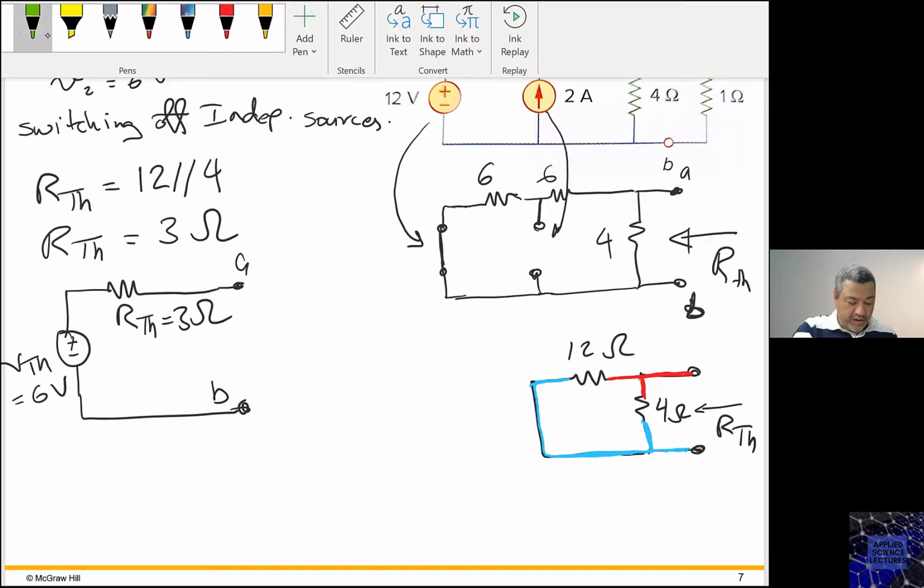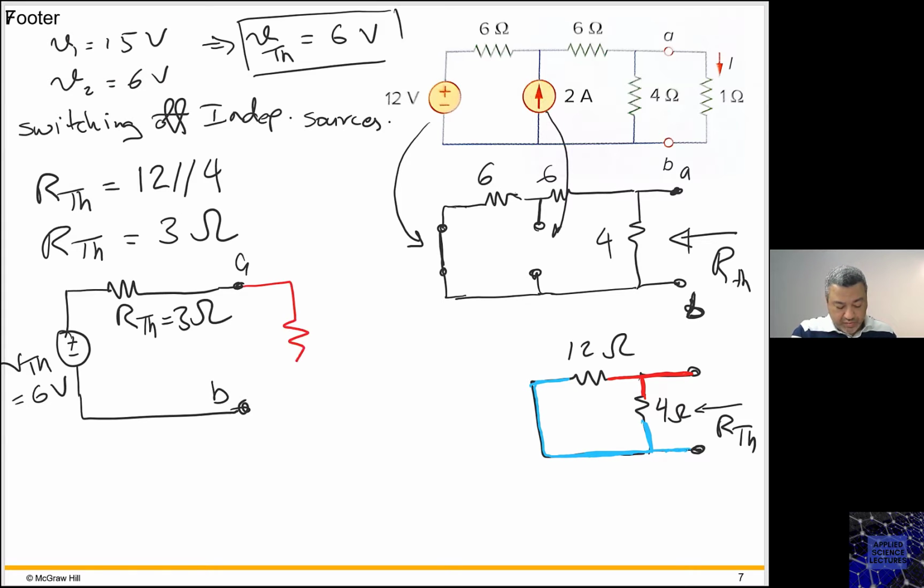Now I will bring back the load, and I need to calculate this I. How much is this I?